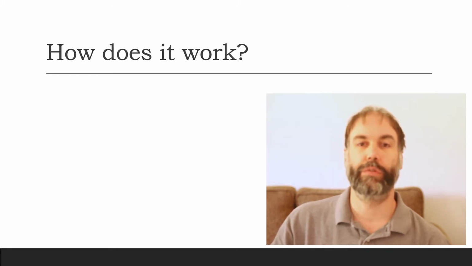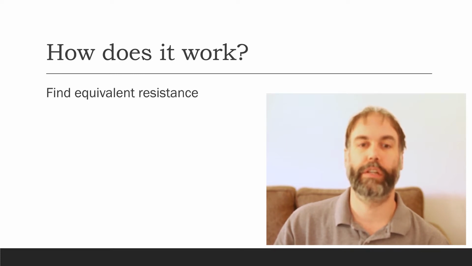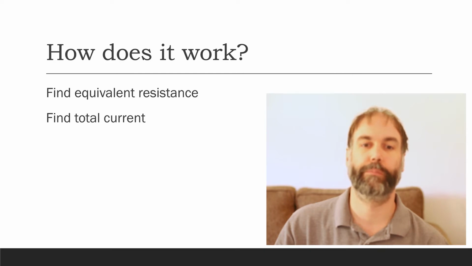So how do we actually use Ohm's law in a parallel circuit? The basic strategy is to start by finding the equivalent resistance of the circuit using our parallel resistance formula. Once we know the resistance and the voltage for the circuit, we can find the total current for that circuit using Ohm's law.